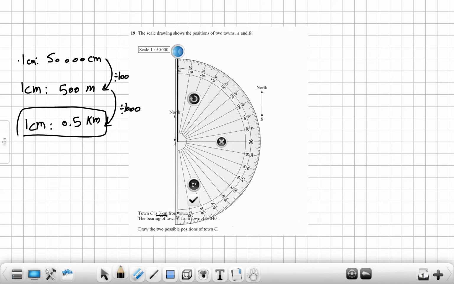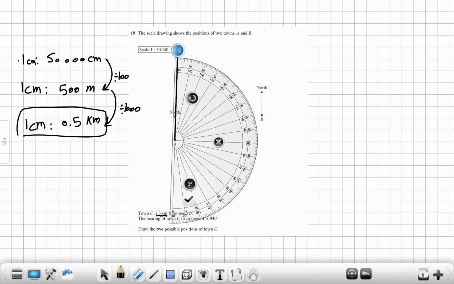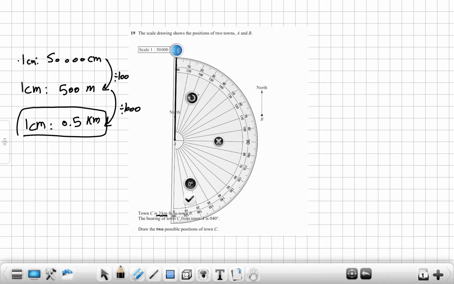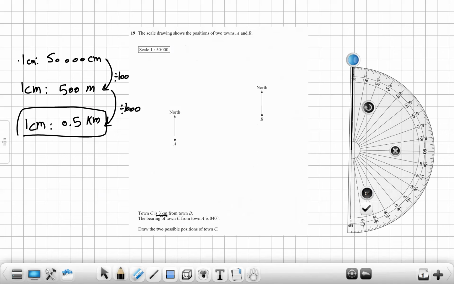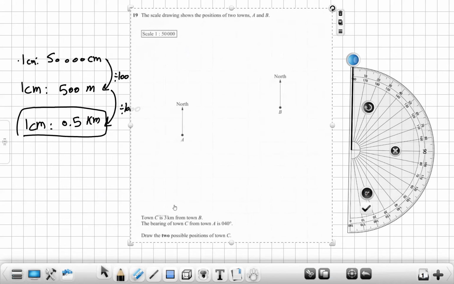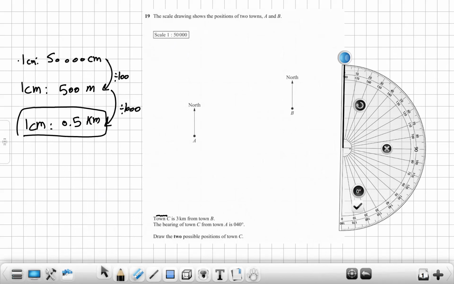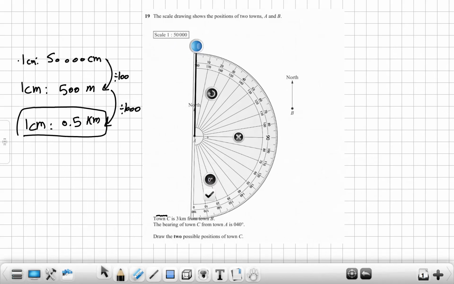So I'm going to put the center of the protractor this way. You're going to find that the dimensions are different on your paper. Let me just make this a little bit bigger. The dimensions on your paper are going to be a little bit different, but the angle is not going to be different. So here it is.